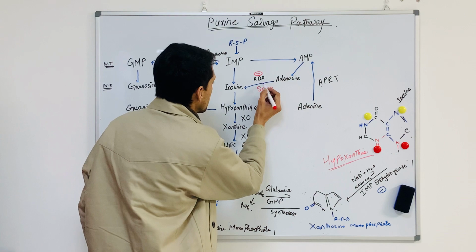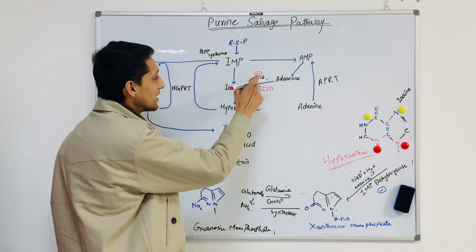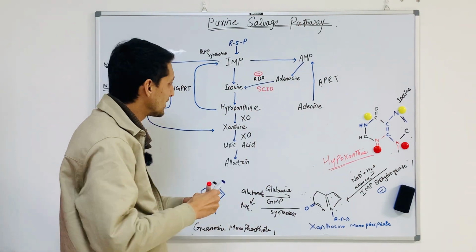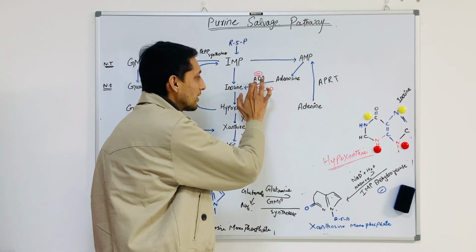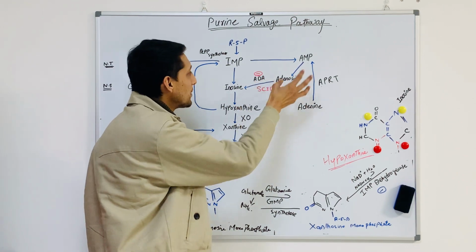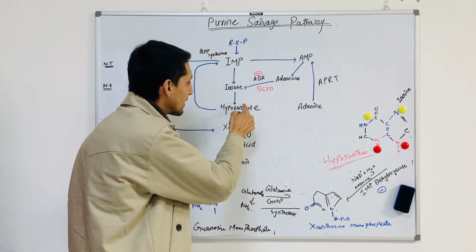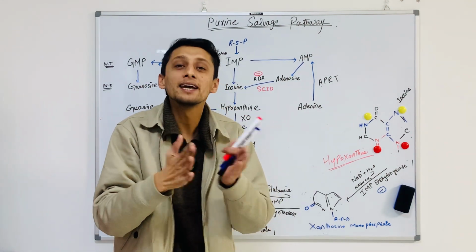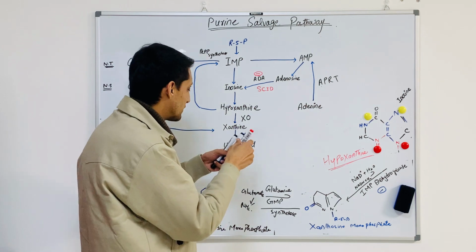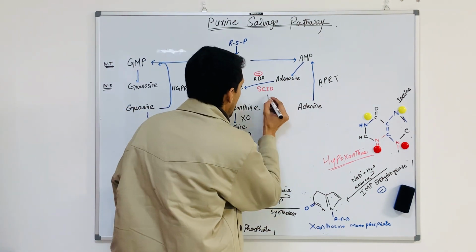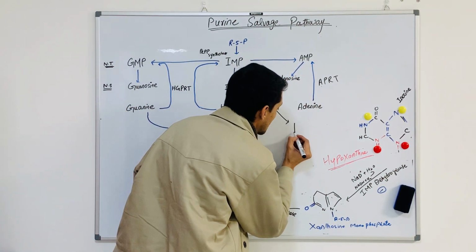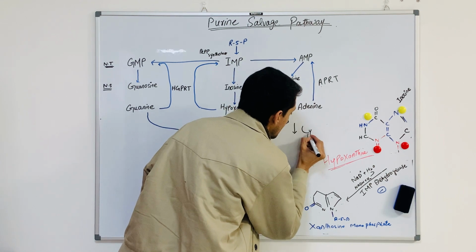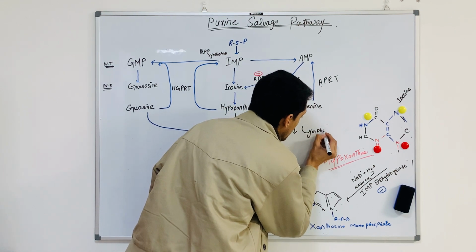So what happens in SCID, and what is this enzyme required for? If ADA is not there, there will be no salvage of adenosine, and this will result in a decrease of DNA precursors, and as a result we get one problem, that is decreased lymphocytes.